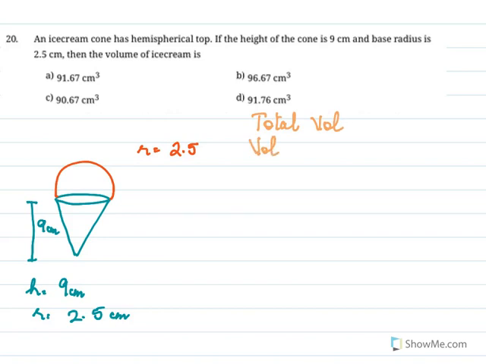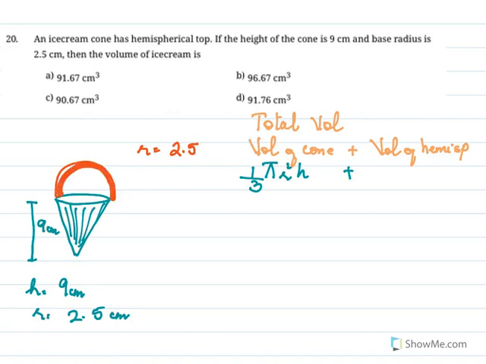Total volume will be equal to volume of cone plus volume of hemisphere. The volume of cone we know is 1 by 3 pi r square h. And the volume of hemisphere is 2 by 3 pi r cube. Now we go ahead and put the values.